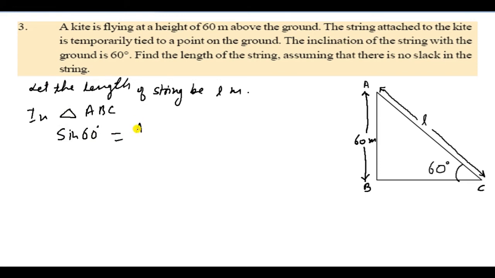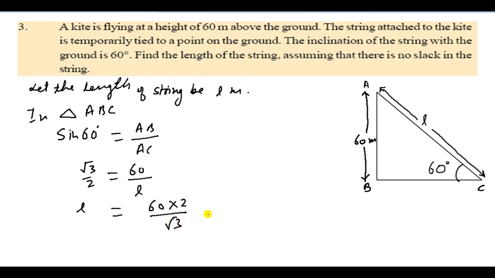So we can write AB upon AC. Sine 60 degree is root 3 by 2, and AB is given as 60 and AC is L.